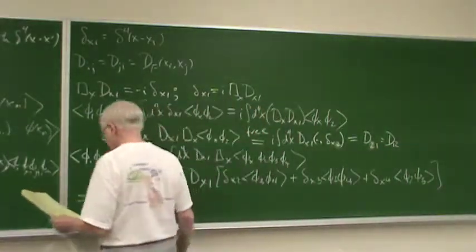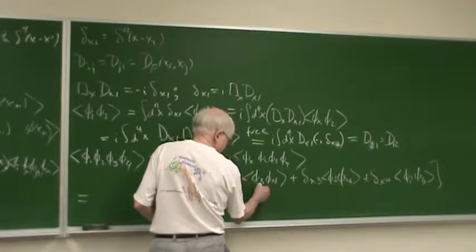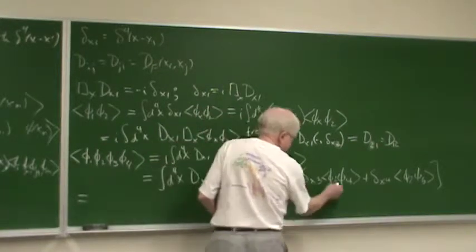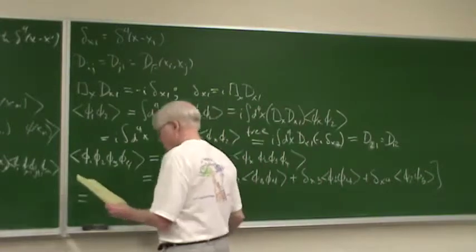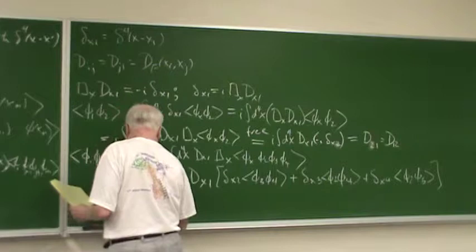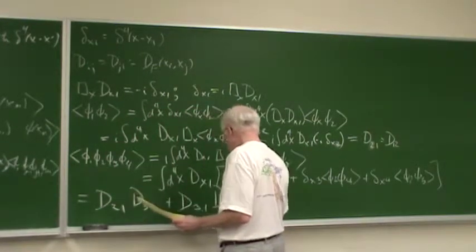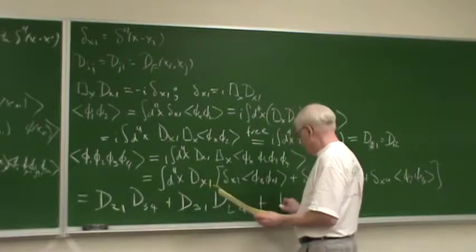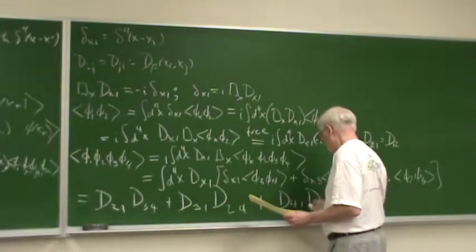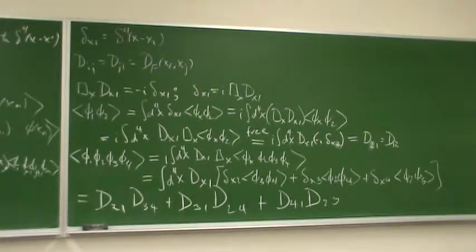And so what this gives us, this is the Feynman propagator, d34, this is d24, that's d23, and so this is d21 d34, plus d31 d24, plus d41 d23. All right. So far we're just doing it in the free theory.